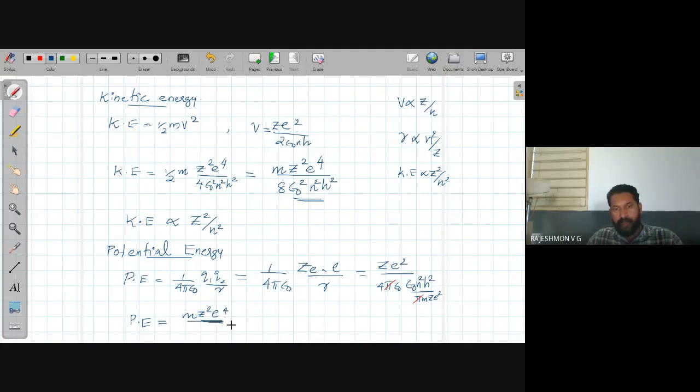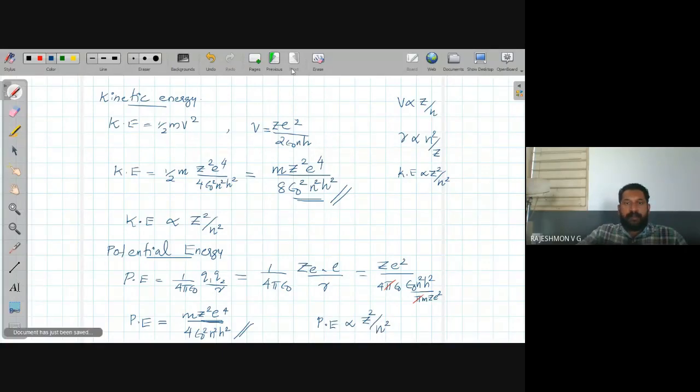Divided by, you have 4 epsilon 0 square n square h square. So this is the expression for potential energy. This is expression for kinetic energy. Again, potential energy is also proportional to Z square by n square. So dependence on Z and n is same as that of kinetic energy. It is Z square by n square.